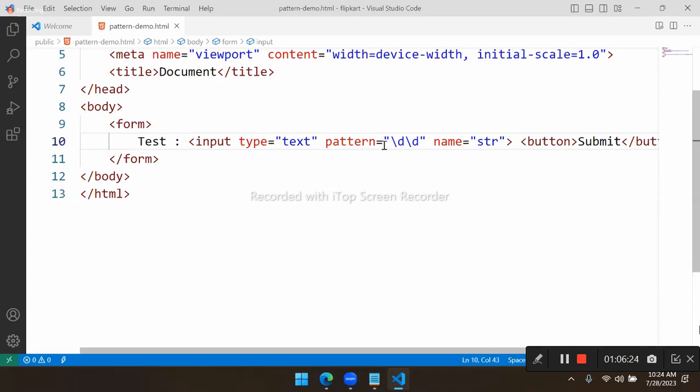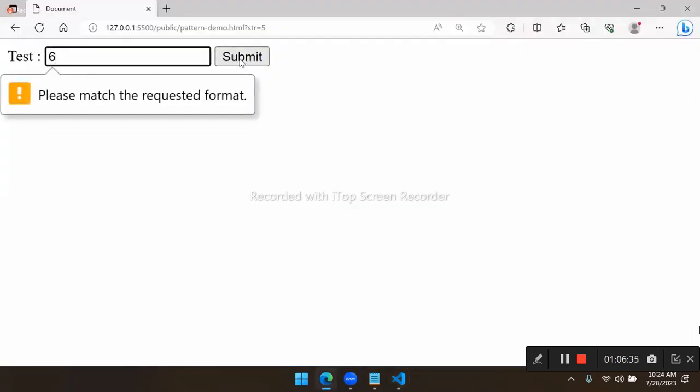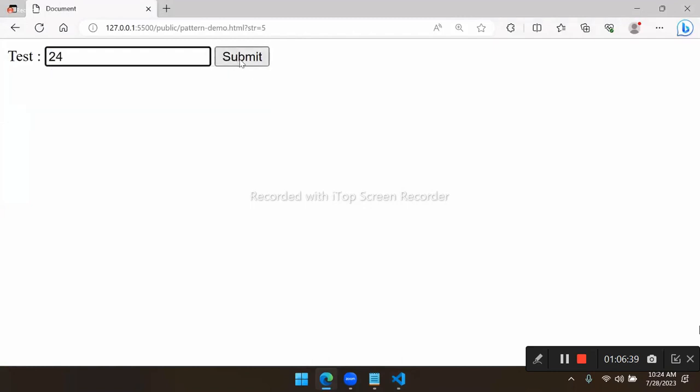One digit not allowed. That means only two digits. You see now, I define here some 6, not allowed. I entered some 2, not allowed. Only 2 digit number allowed. Any 2 digit number allowed. Again 3 digit not allowed.